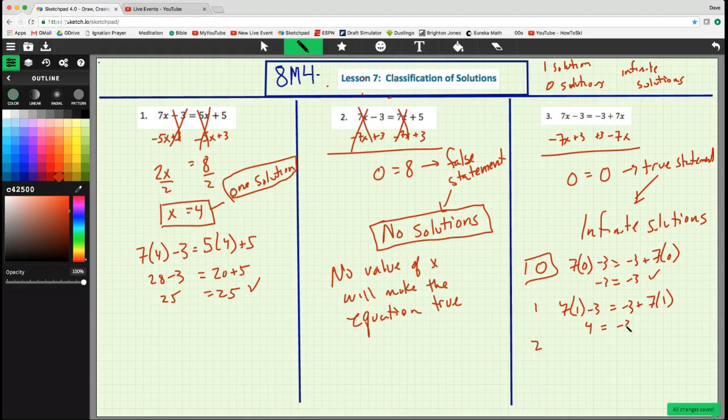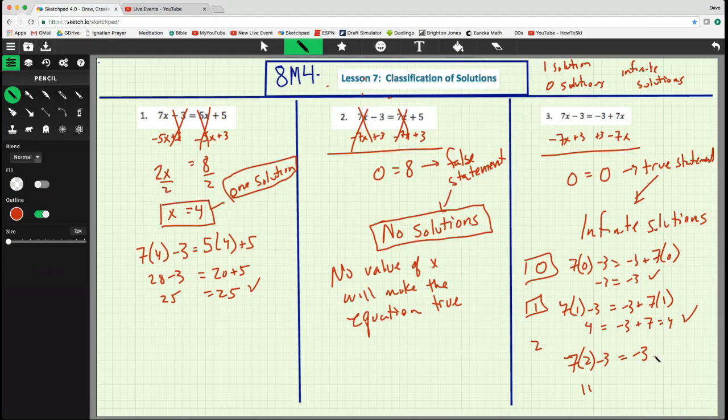And -3 plus 7 equals 4. So that works. So 1 works. And I'm going to guess 2 works too. 7 times 2 minus 3 is 11. And on the right, -3 plus 7 times 2, that equals -3 plus 14. So that's 11. 11 equals 11, check. So you got infinite solutions here.